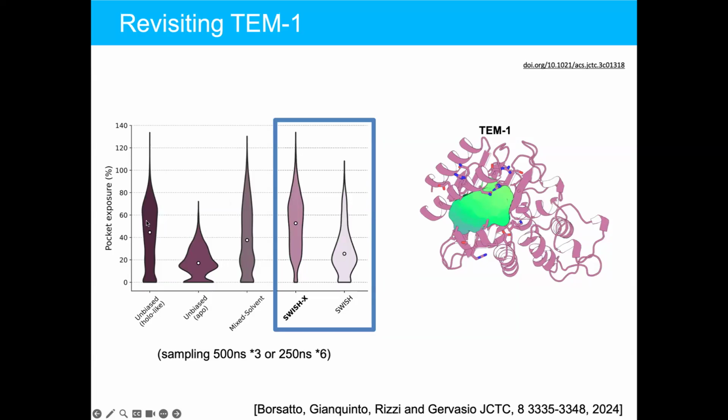If you start from the holo, of course, initially the cavity is opening, but then it collapses. This is really just because the simulation is short. If you run it longer and longer, it will stabilize around the closed state. Mixed solvents are also working relatively well. So this confirms that SWISH X for these globular proteins works better than SWISH.